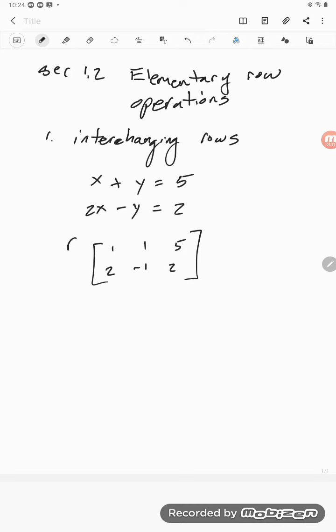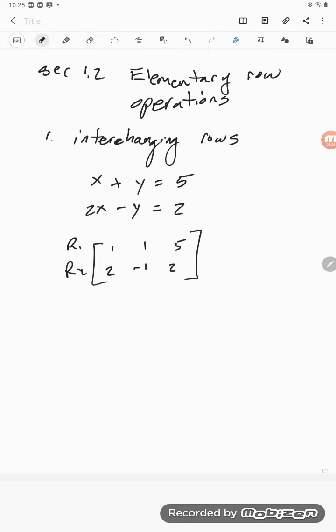Now, if I call this my row 1 and row 2, and I write a new system where I swap row 1 and row 2, let's use a little different notation.